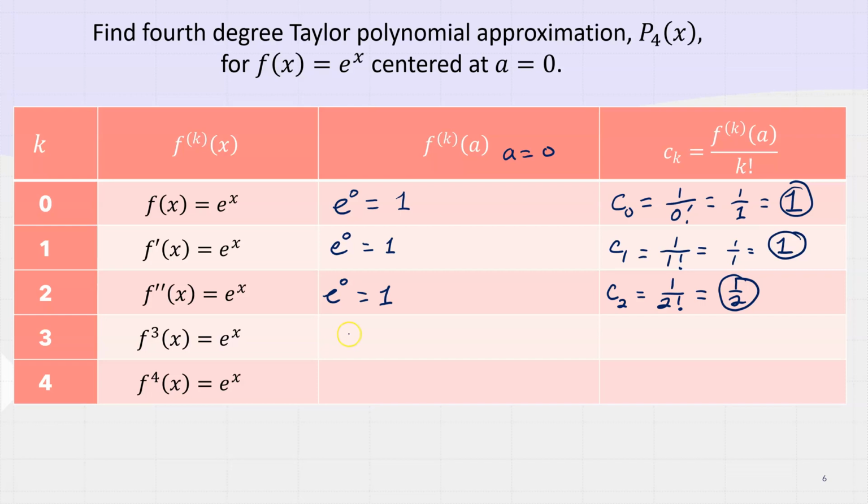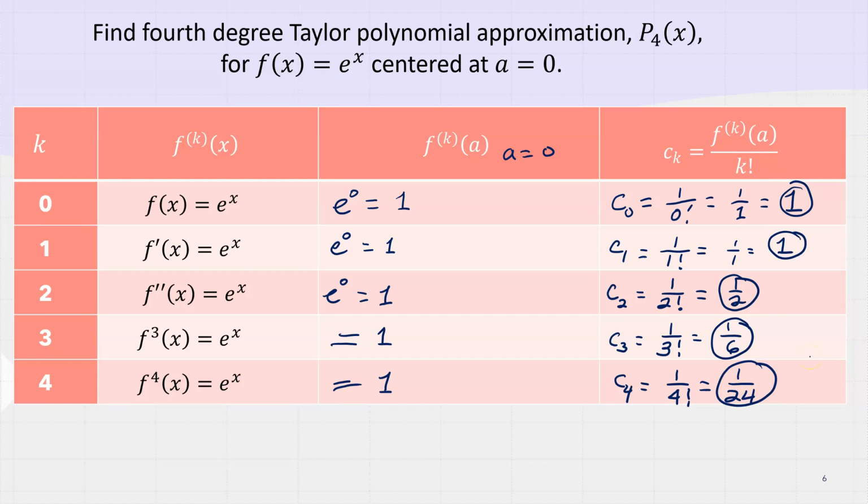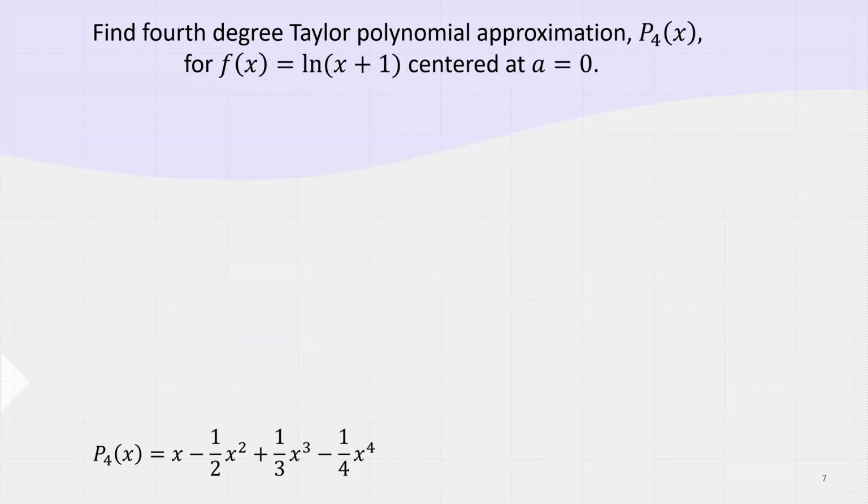Okay, and then again, this is going to be 1, right? So c3 is going to be 1 over 3 factorial, which is 1 over 6. And then c4 is going to be 1 over 4 factorial, and that is 1 over 24, right?